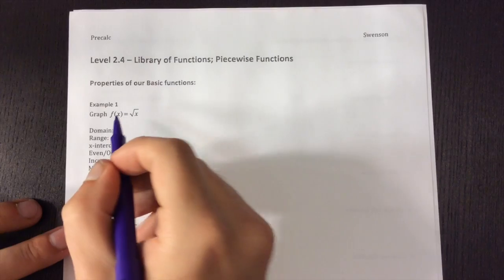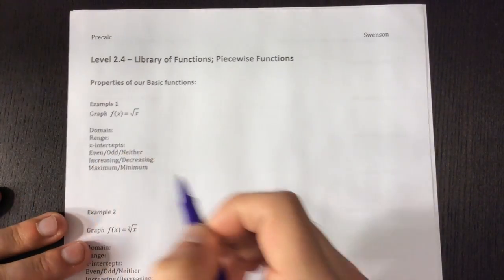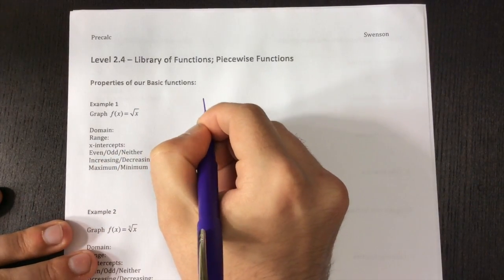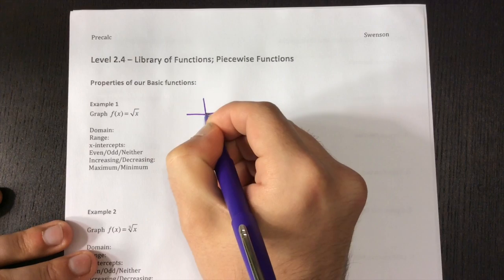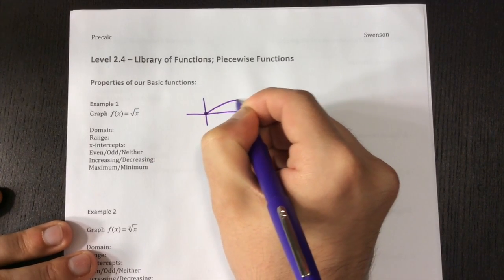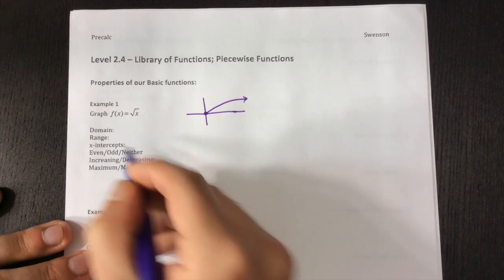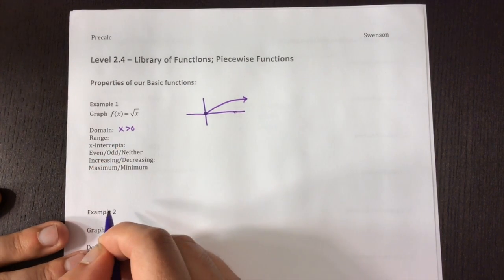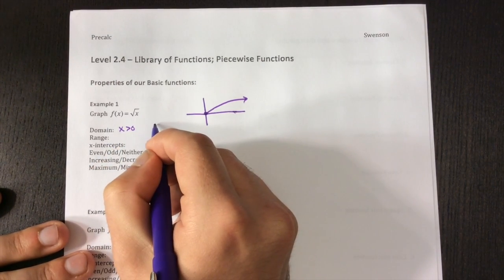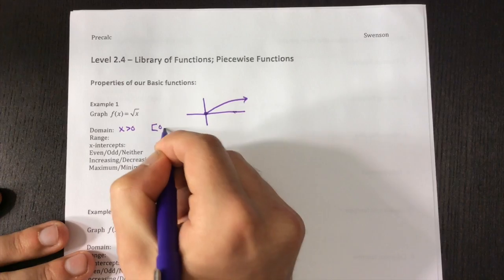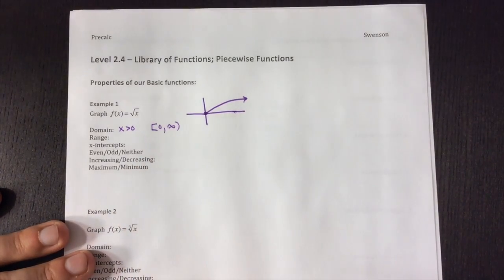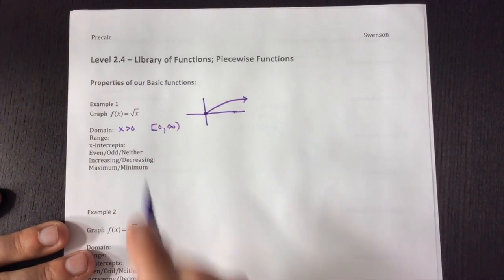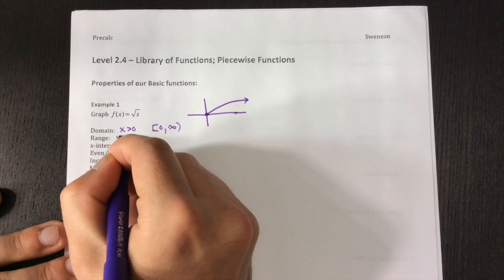So, graph of the square root function of x. So the square root function, we limit because we don't plug in negatives. So our domain is anything greater than 0, or you can write that include 0 to infinity if we want to use interval notation. Our range is the same thing.